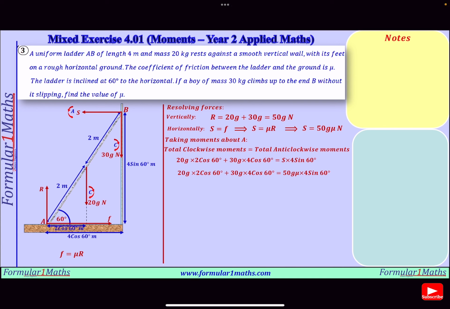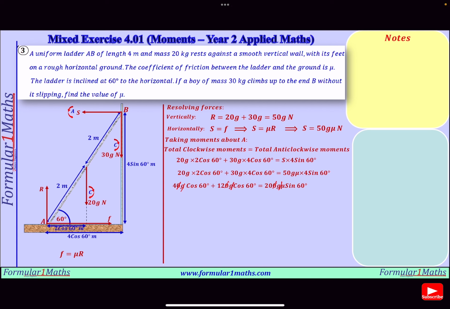I can now simplify this equation by multiplying out the various terms to obtain this. I can simplify now by dividing every term by 10. And that means crossing this 0 out, that's 0, and that's 0. I can further simplify by dividing every term by G, and it also means crossing out the G's.